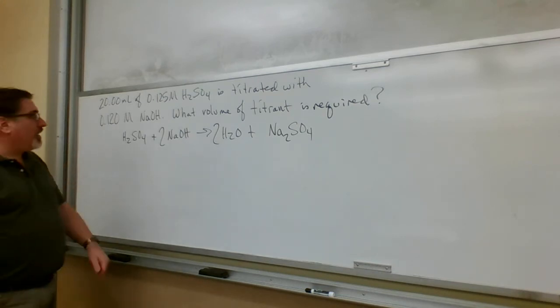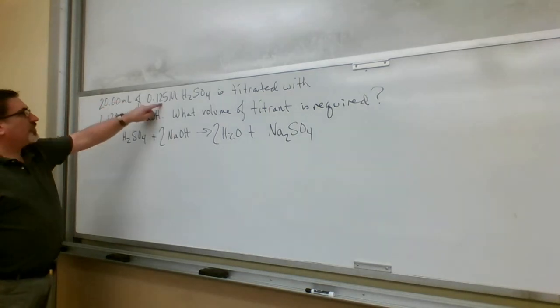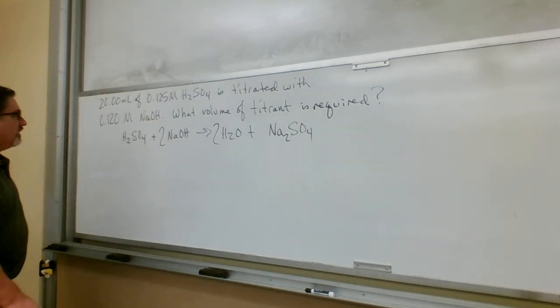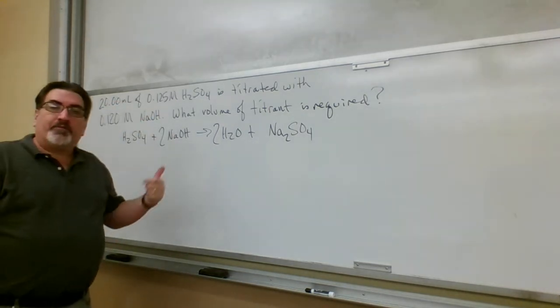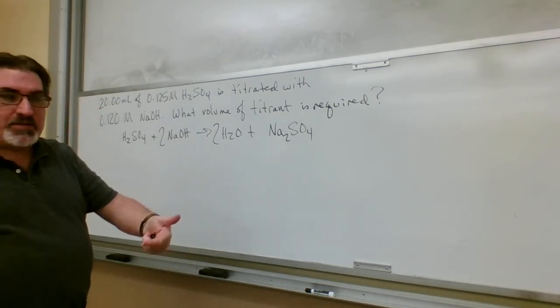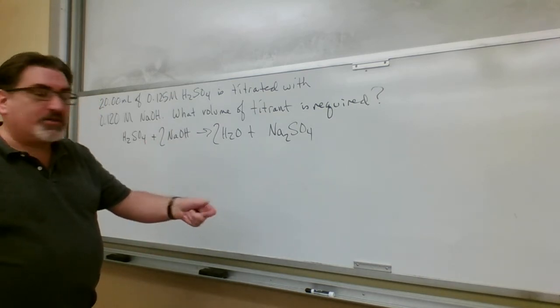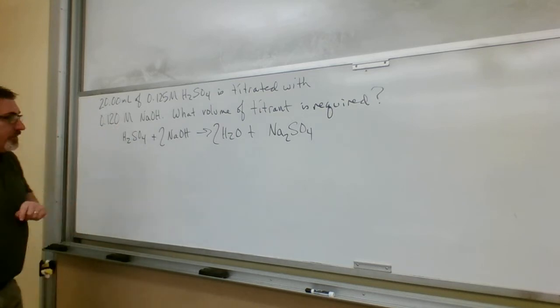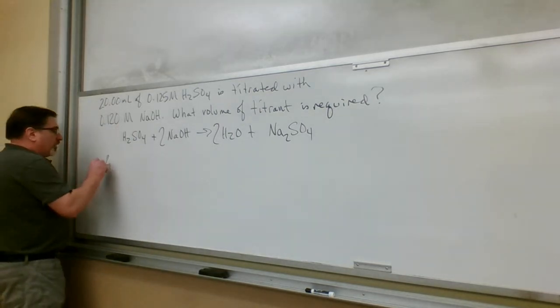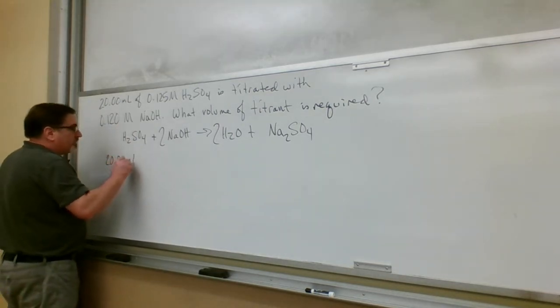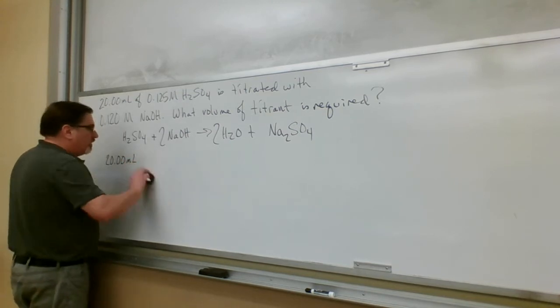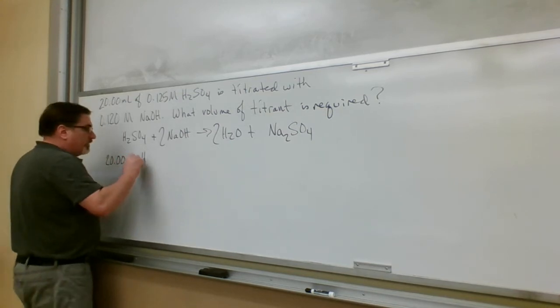Now we're going to attack the problem. We start with the stuff we know the most about, which is the H2SO4. We're going to convert volume of H2SO4 to moles of H2SO4, and then to moles of NaOH, and then use the molarity to convert to a volume. So 20.00 milliliters of H2SO4.